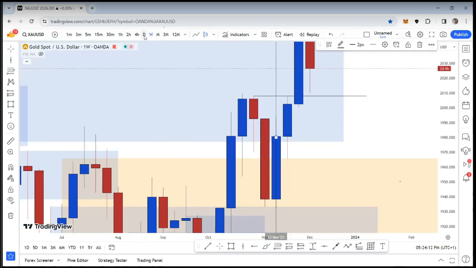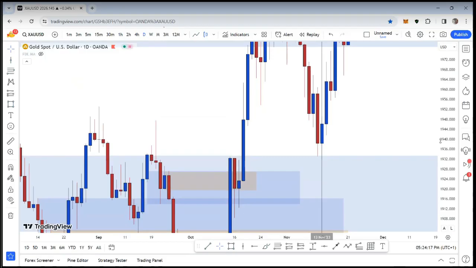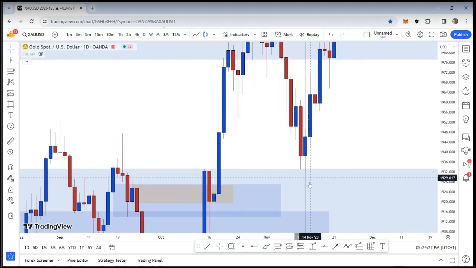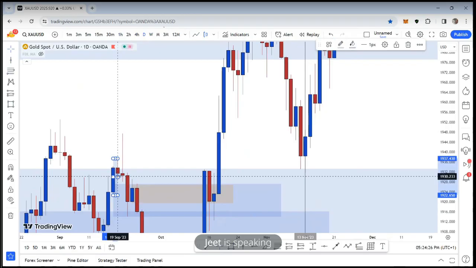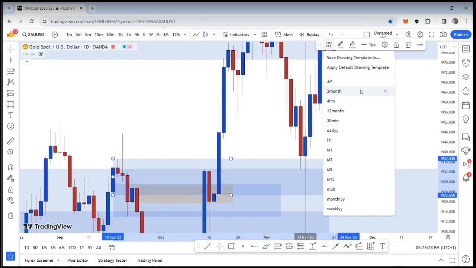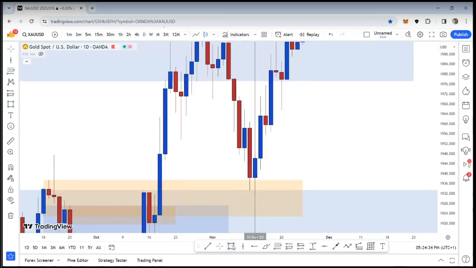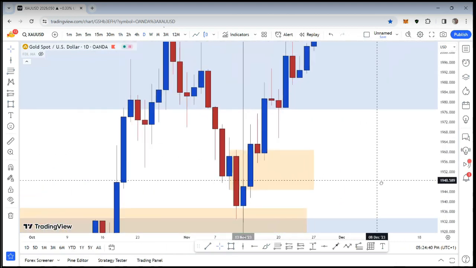Going down to the daily time frame, did we have a daily change of storyline? Look at it very well. Yes. Price was respecting this daily refined zone here, and it is obvious that we now had the change of storyline, which was visible.